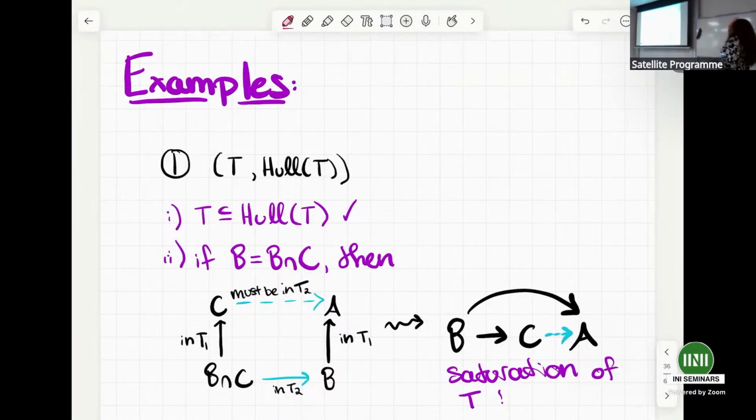And then if I look at my compatibility diagram, I can say, well, consider the case where B is equal to B intersects C. So now I've sort of collapsed it into this straight line. And wait a minute, this looks like our saturation condition. So not only is the hull compatible with T, but anybody that is compatible with T needs to contain the hull.